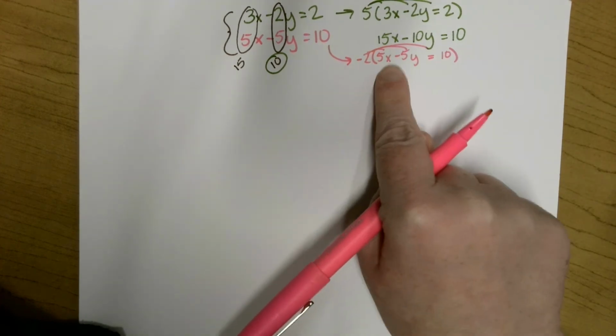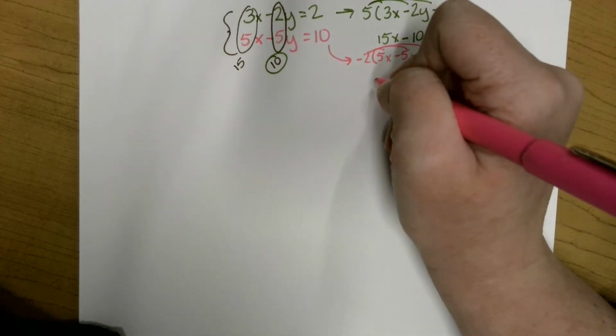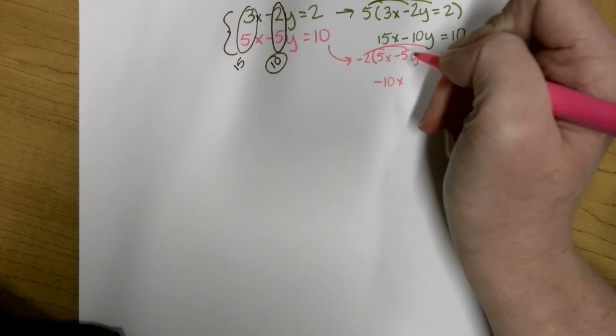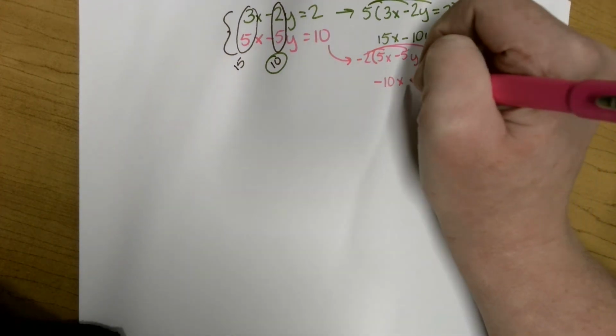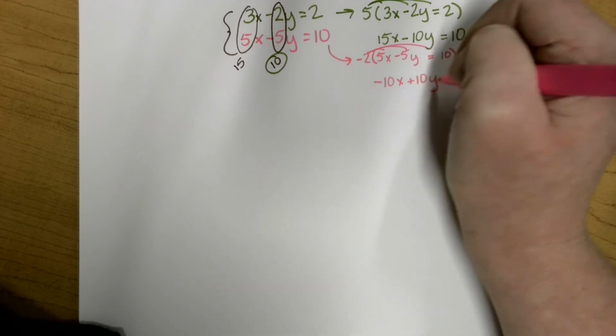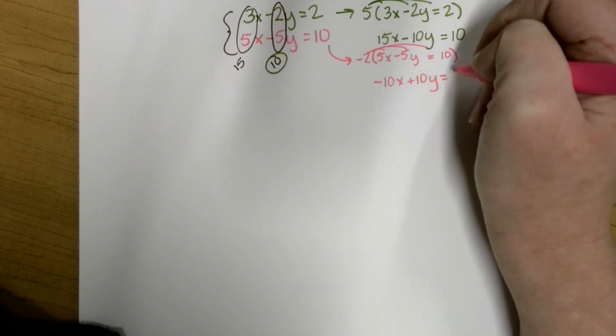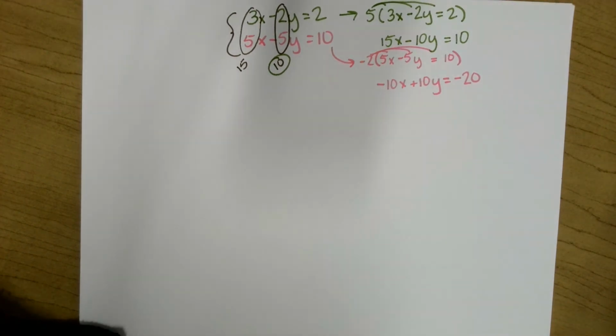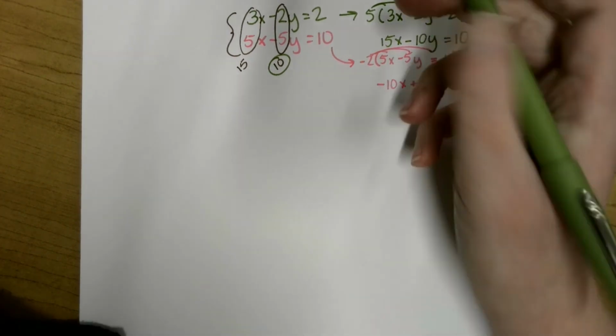When I do that, I get -2 times 5x is -10x. -2 times -5 is positive 10y. And -2 times positive 10 is -20. All right, so I'm going to line these up. I'm going to bring this down here.